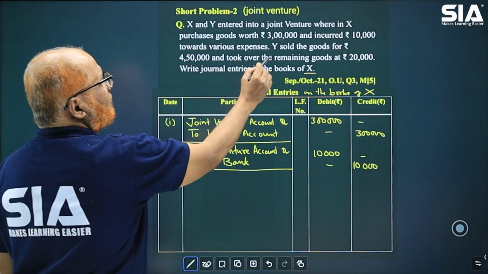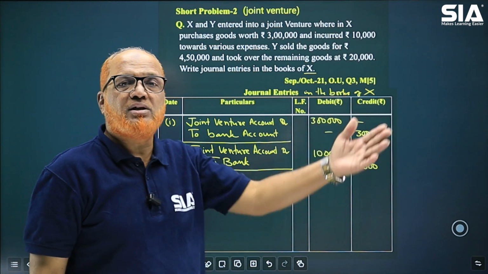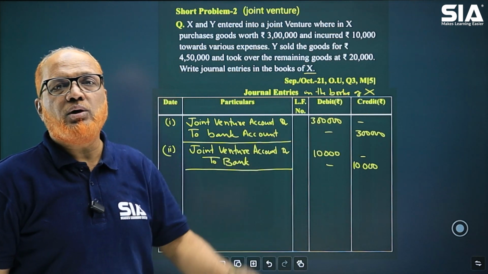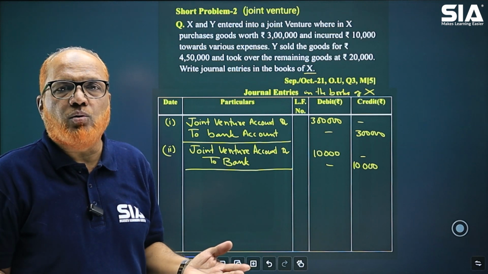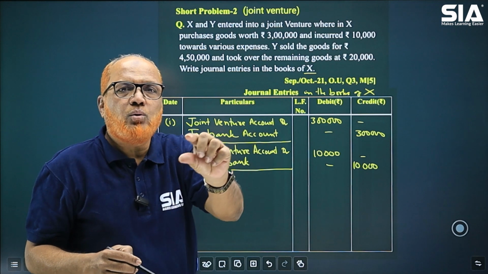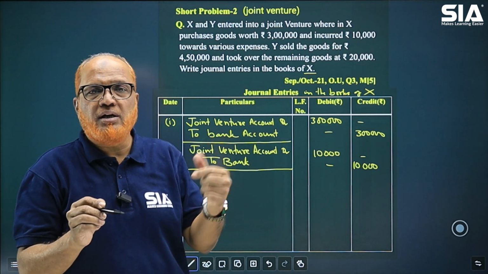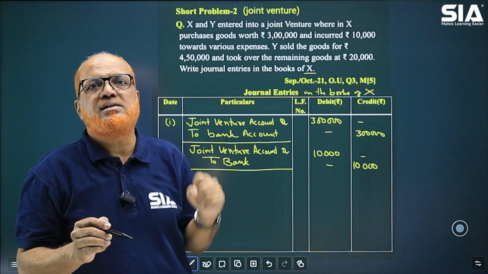Now third, Y sold goods for rupees 4,50,000. The other co-venturer is Y. He has sold the goods. X is not selling the goods. If X sells the goods, it is bank account debtor to joint venture, but here X is not selling. Y is selling.